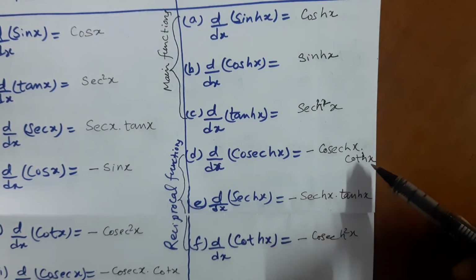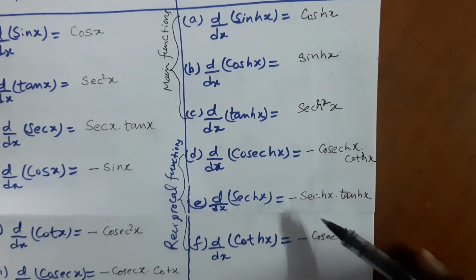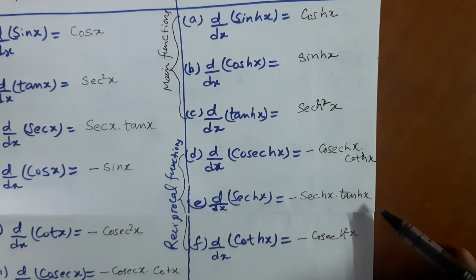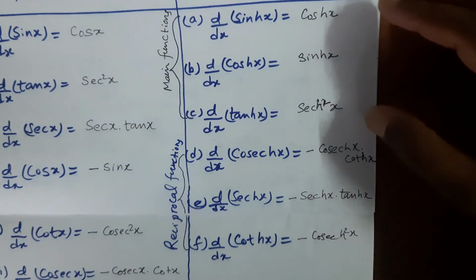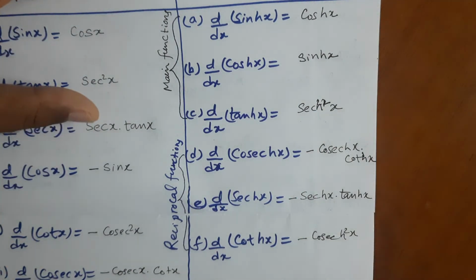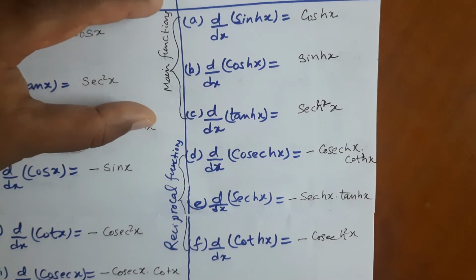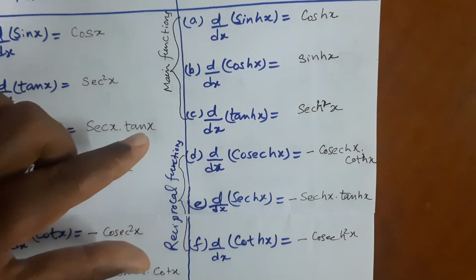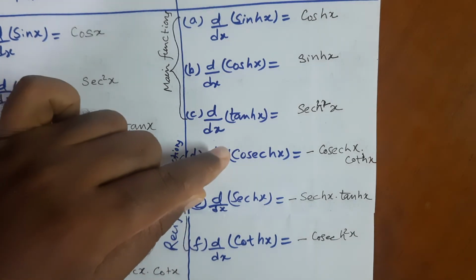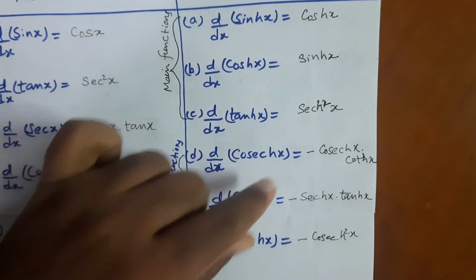Minus cosec hyperbolic x cot hyperbolic x, minus sec hyperbolic x tan hyperbolic x, minus cosec hyperbolic square x. In this way, the sign of the derivative of the main functions is all positive, and the sign of the derivative of all these reciprocal hyperbolic functions is negative.